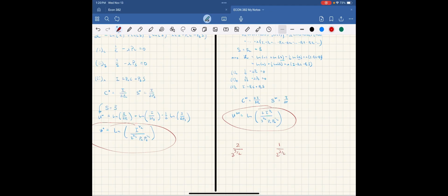Otherwise, they're exactly the same. And if I solve these out, what I'll see is that this is 0.385, which is greater than 0.354. So the utility by internalizing the externality is going to be greater than the utility of the individual acting in their own best interest.